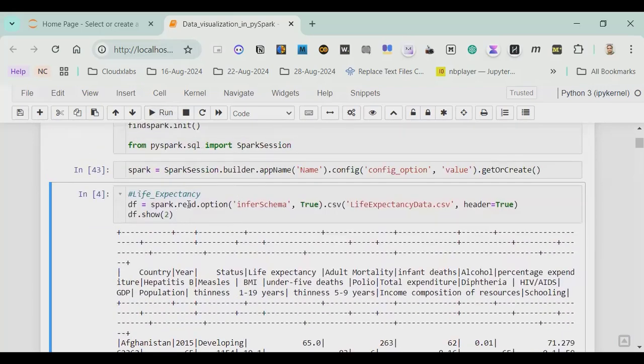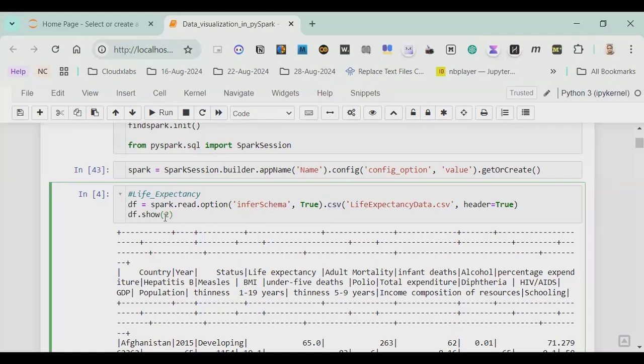In this case, we can see I've gone with spark read dot option, and infer schema I'm just giving true, and the data we are taking is a CSV file, because it is CSV, right? So after infer schema, after options, we have to give the CSV file type. Then, if it contains a header, and we already know the header is there, give it as header equal to true.